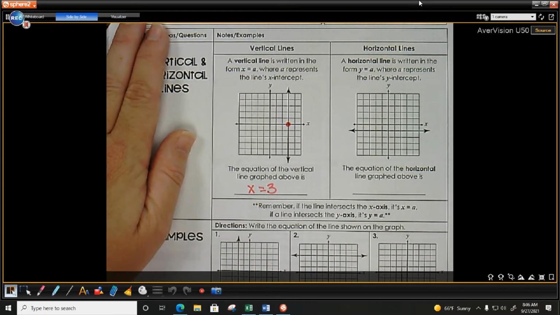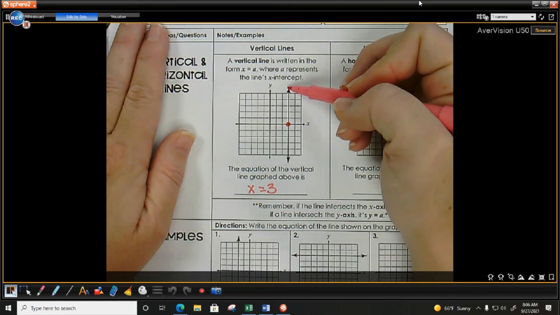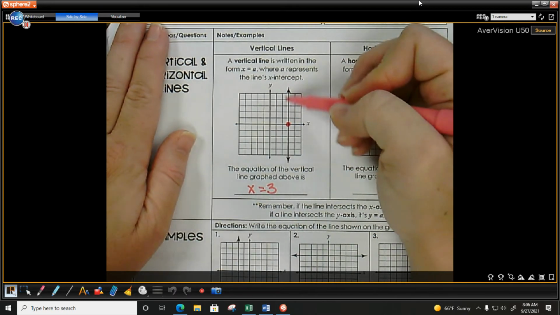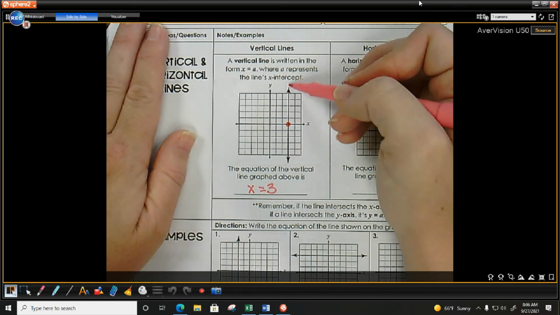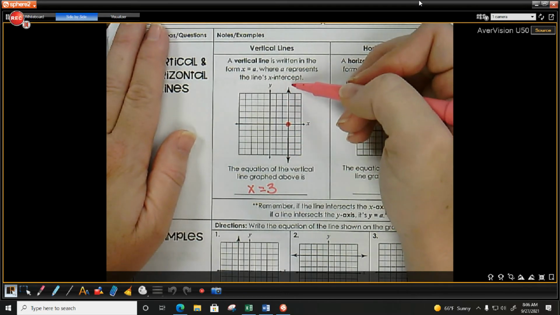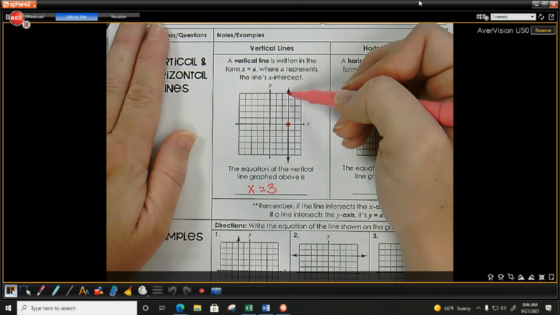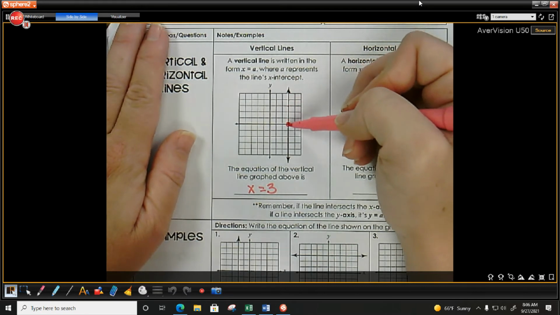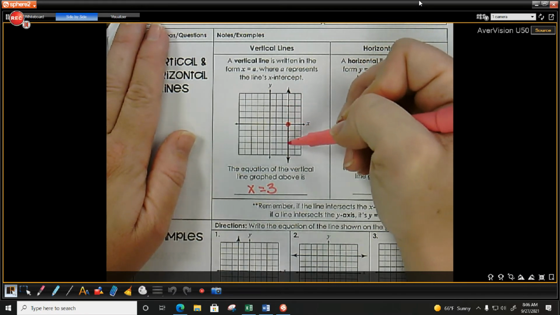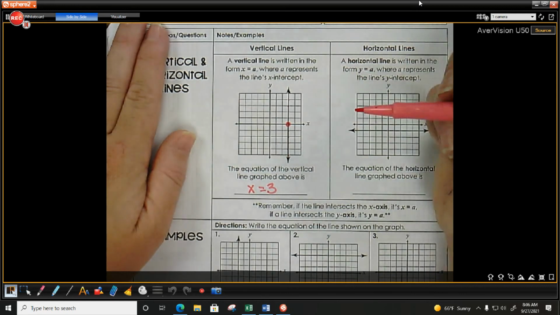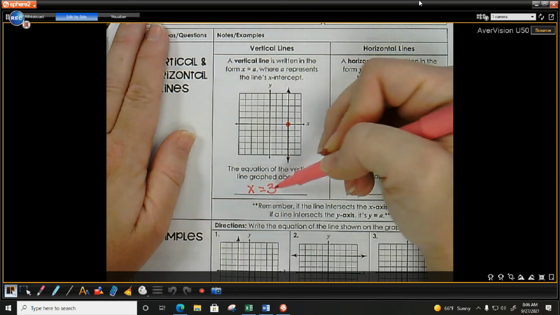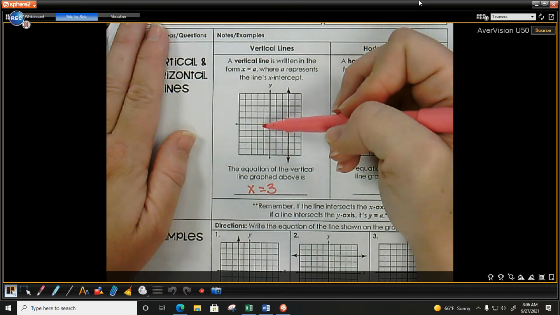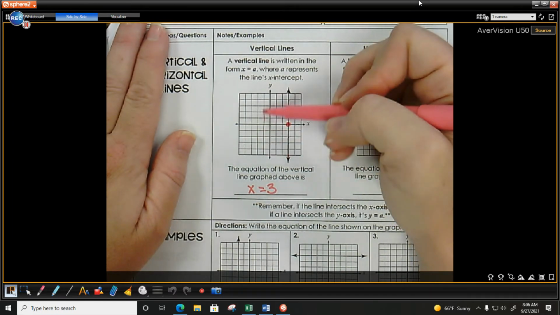What does that mean? Every point on this line has an x value of 3. Does it say anything about what the y values are? No, y can literally be anything. Do I have a point where y is 5, 4, 3, 2, 1, 0, -1, -2, -3, -4, -5? y can be anything. The only requirement, x must be 3. Can x be -1? No, there's no point over here where x is -1.